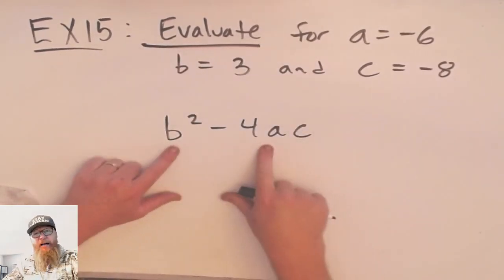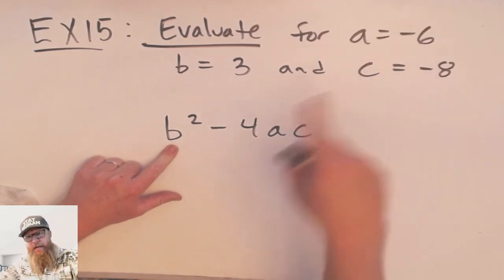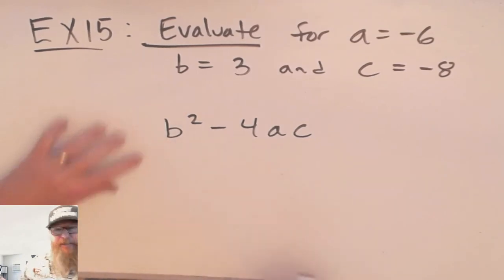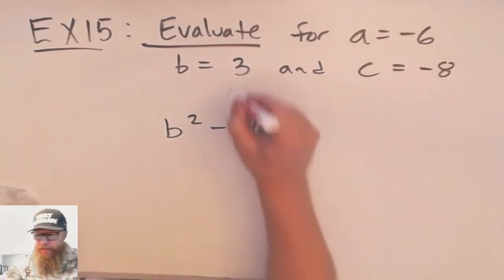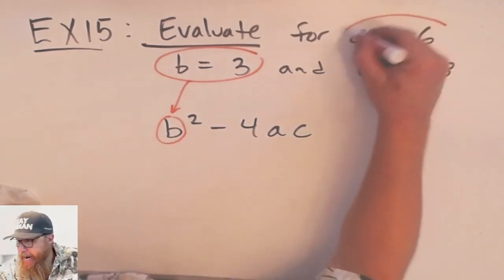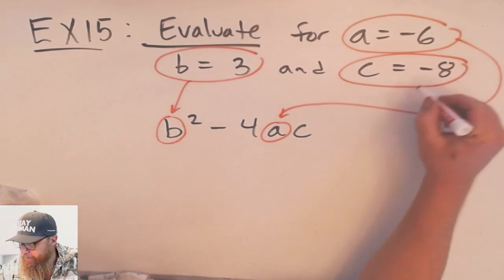So I want you to evaluate this expression for these three different inputs. Be careful with B's. Sometimes if you write them too fast, they look like sixes. So that's a B, and an A, and a C.